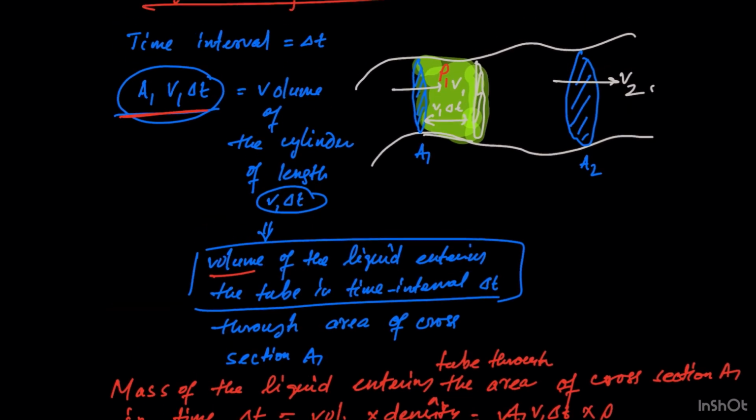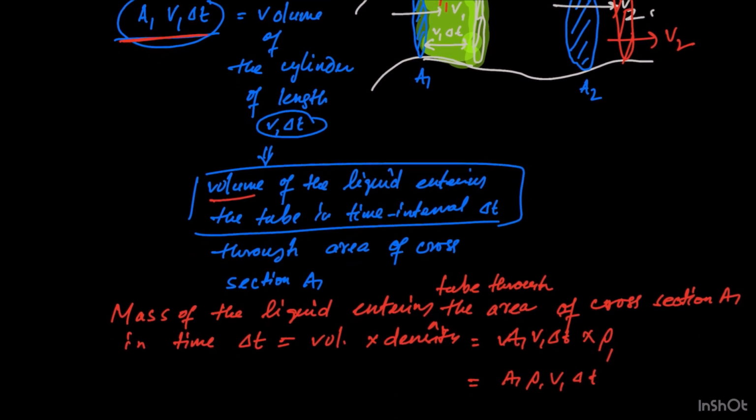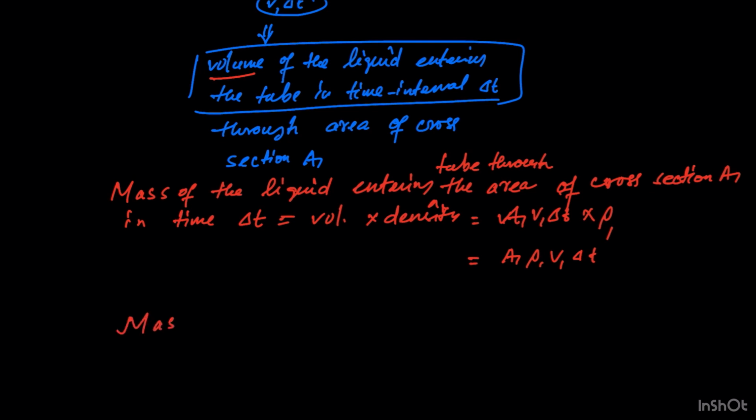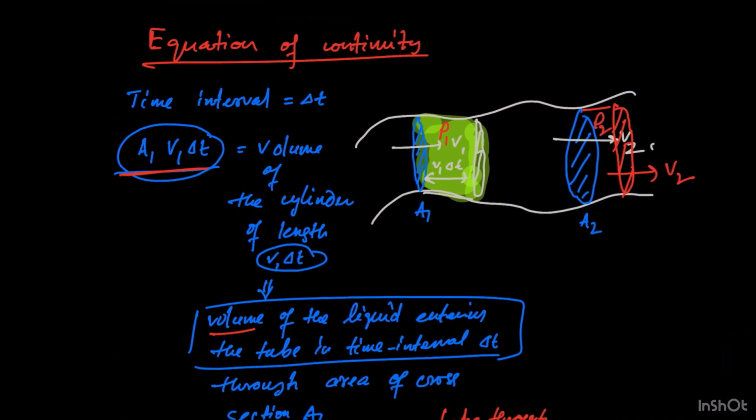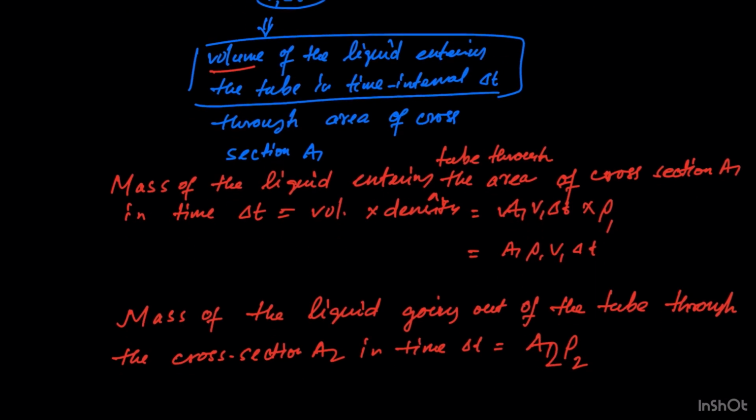In the same manner, if I consider a cylinder of A2 cross section, then the mass of the liquid going out of the tube with speed v2 through the cross section A2 in time delta t is, if the density here is rho 2, A2 rho 2 v2 delta t.